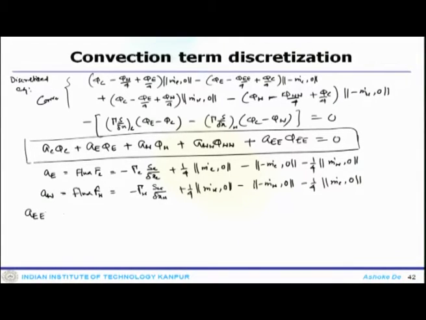Now, A e, which will become flux F e, 1 by 4 minus m dot E 0. A w w will become flux F w w, 1 by 4 m dot W 0.